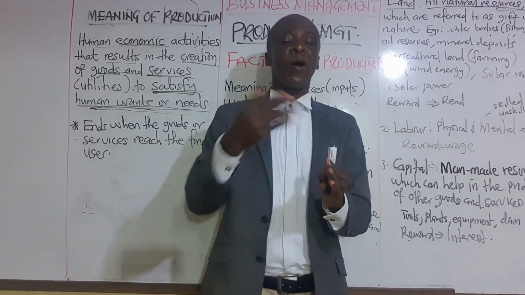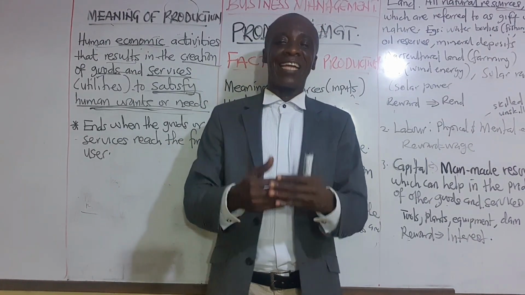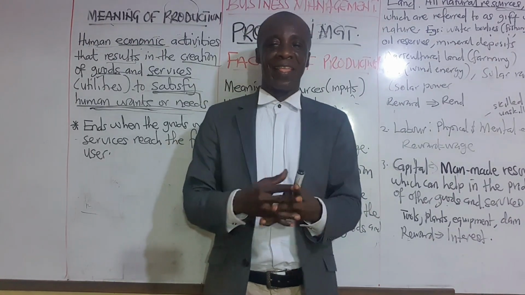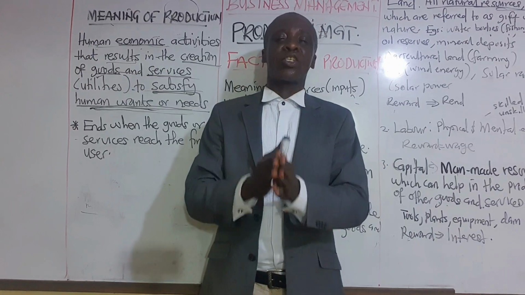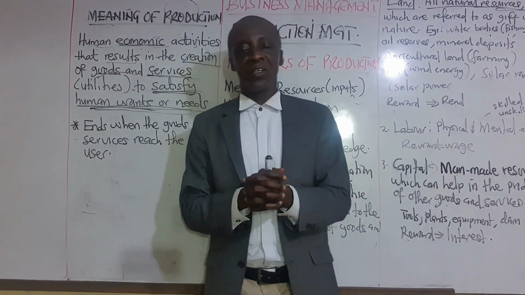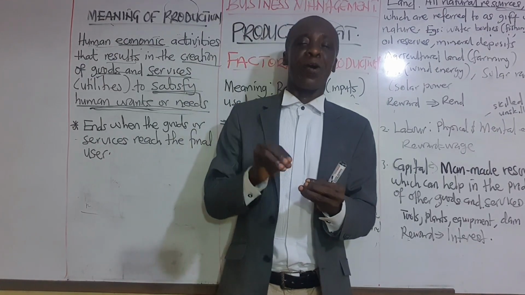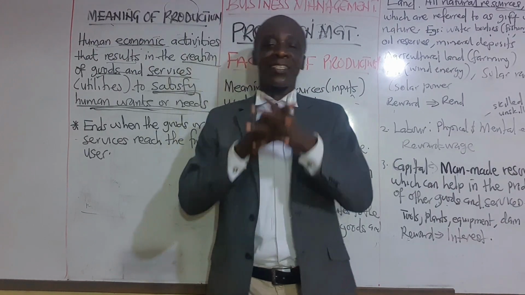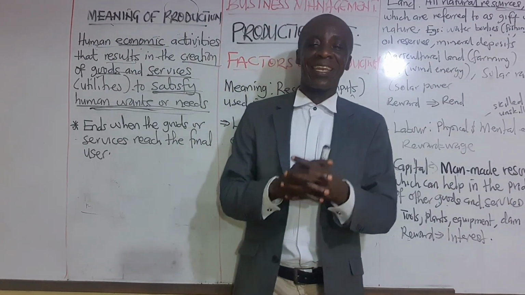But the economists see land beyond just the surface of the earth. It is all the natural resources which we call gift of nature. So every natural resource that is a gift of nature is land.